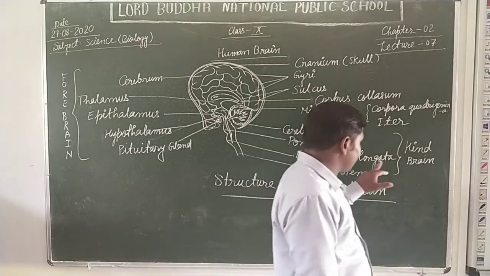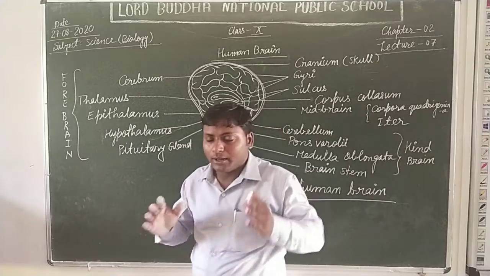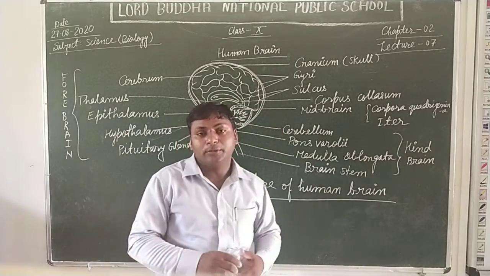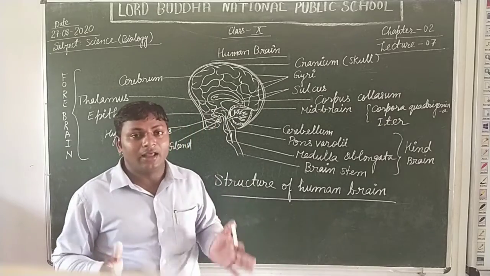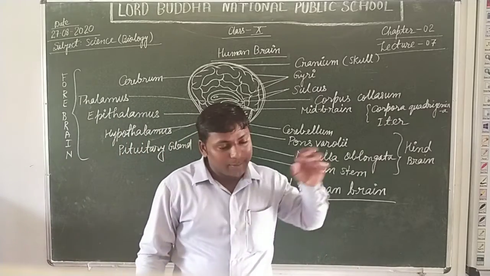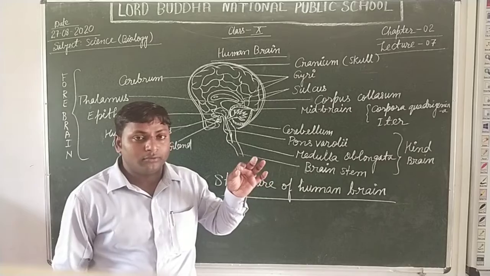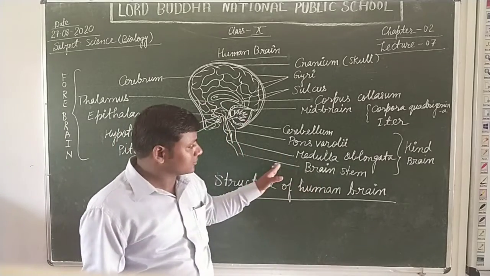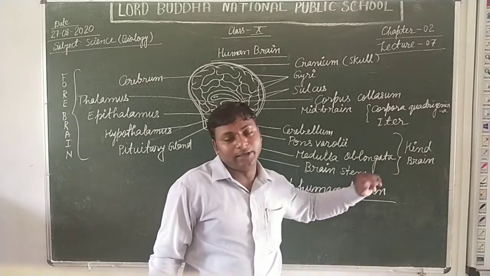Now the medulla oblongata is the most important part of our hindbrain, because it is not only helpful in capturing the kind of sounds, but also helps in maintaining body balance.